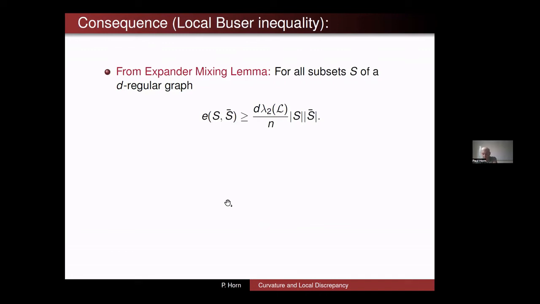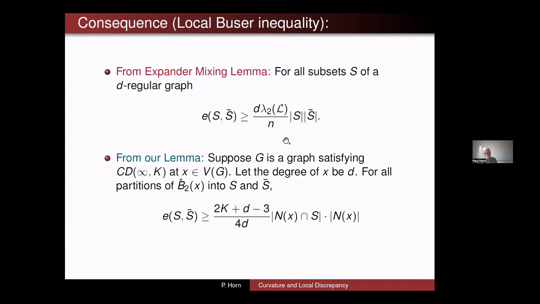I will try and bring it back down to earth because this is a little bit of a weird inequality. One consequence of this, for instance, from the expander mixing lemma, a very useful consequence, stated for regular graphs here, is that the number of edges between S and its complement is at least something. So if you solve this, you get some D, lambda, whatever, S and S bar.